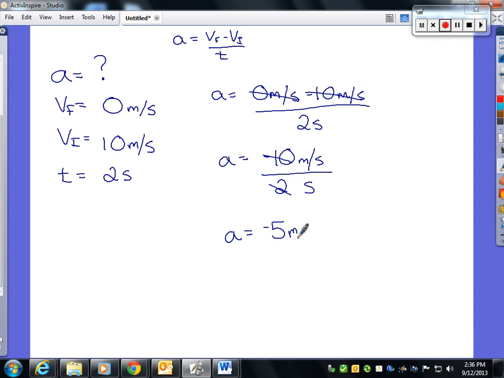So we have meters per second, our velocity, all over our time. So this says to me that for every second of travel, this object slowed down by 5 meters per second, and it slowed down because of that negative right there. Another way to express this, and one that I will accept, is negative 5 meters per second squared.